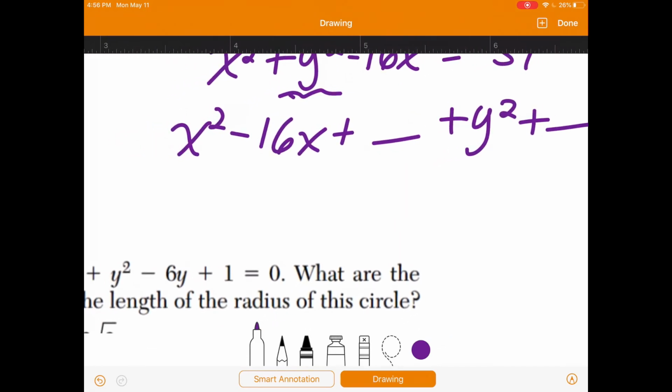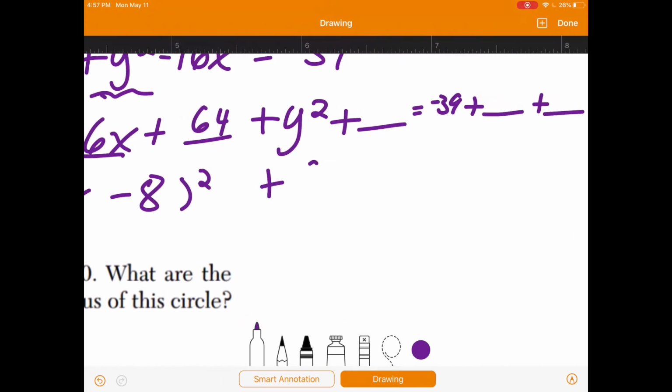All right, so we're going to do the x's first. For the x's, we're going to do negative 16 divided by 2, which is negative 8, and negative 8 squared is 64. And then for the y's, we don't have a number in the middle, so it's really plus 0y, and 0y has 0 as the coefficient, so 0 divided by 2 is 0, and 0 squared is 0.